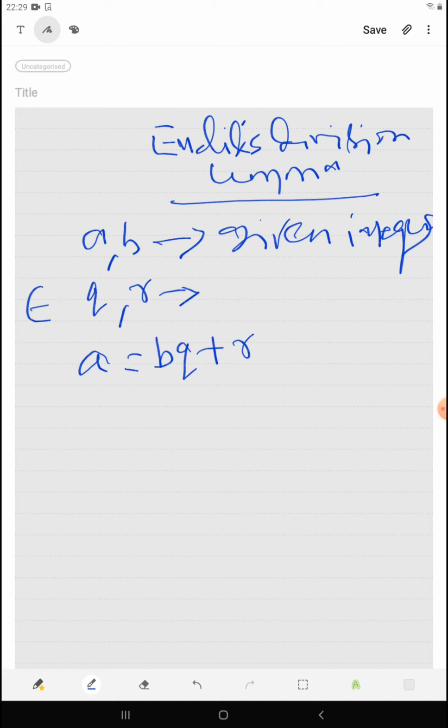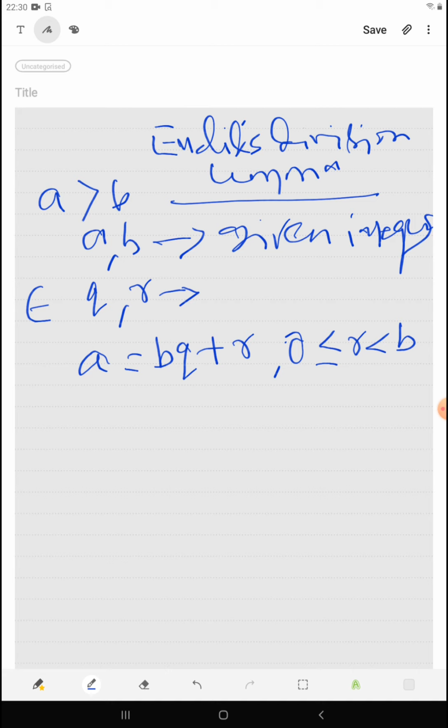Of course, a is greater than b. If given integers a and b, where a is greater than b, then as per Euclid's division lemma, there exist q and r such that a equals bq plus r and 0 is less than or equal to r, which is less than b. This is very easy to understand.